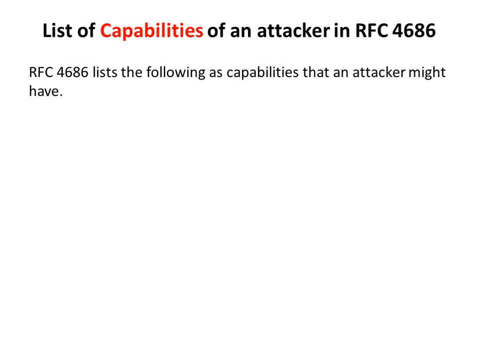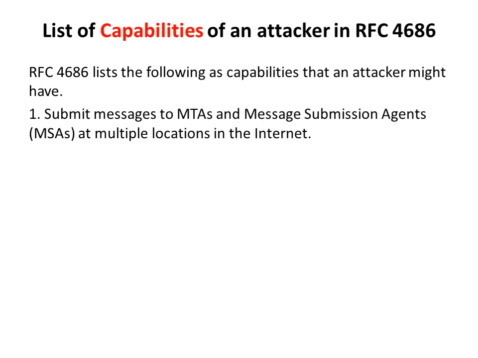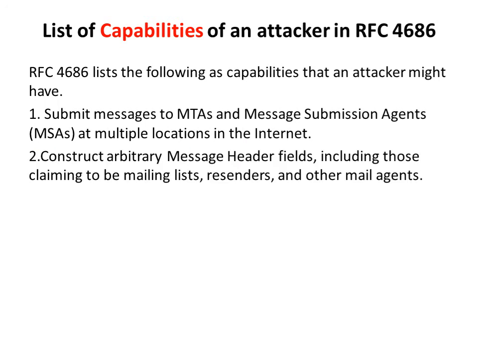The capabilities of attackers in RFC 4686. So let us look at the capabilities. RFC 4686 lists the following as capabilities that an attacker might have. First, submit messages to MTAs and message submission agents, MSAs, at multiple locations in the internet.